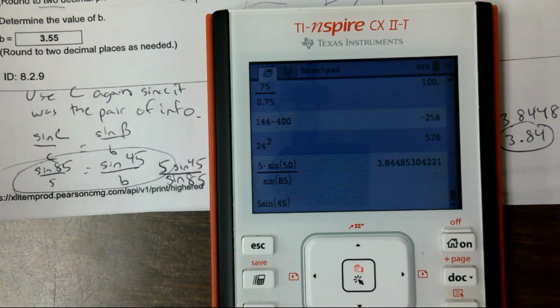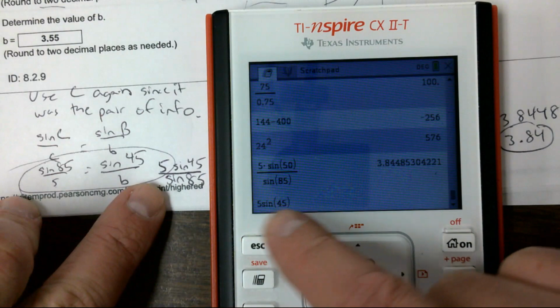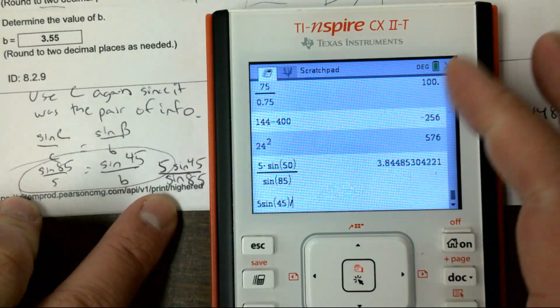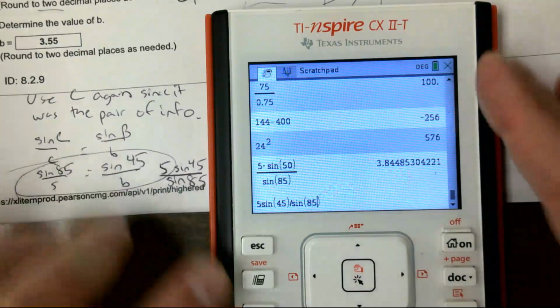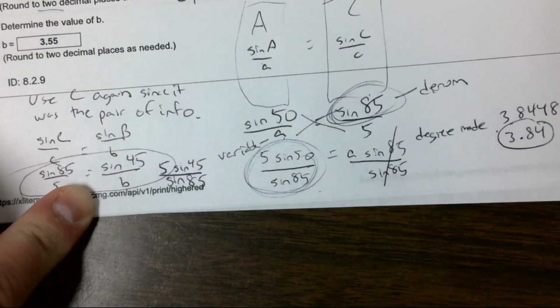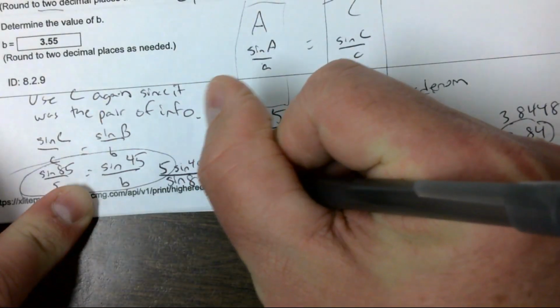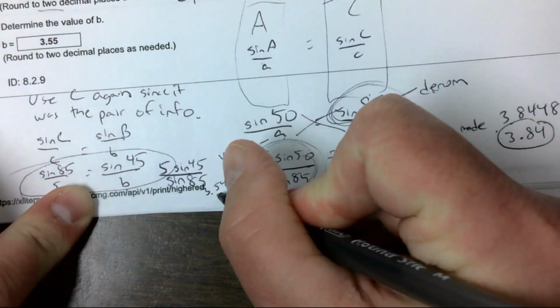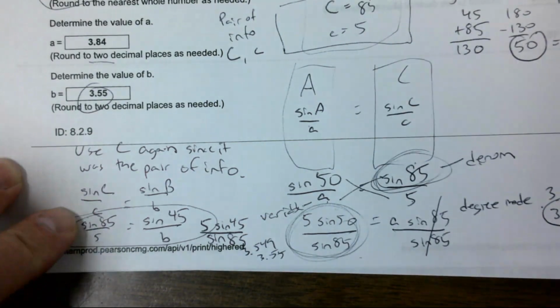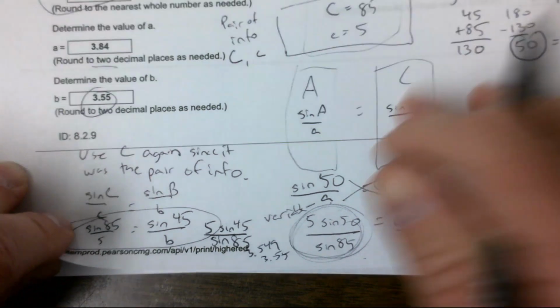Okay, so we have 5 sine 45 over sine 85. And so I get 3.549. And so that's 3.55, which is what they got. So that's how you do those. So there's one good example.